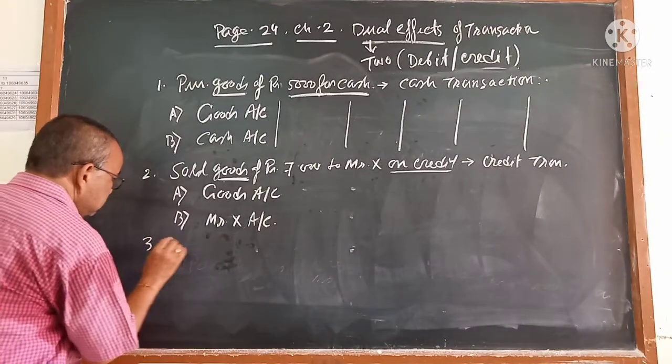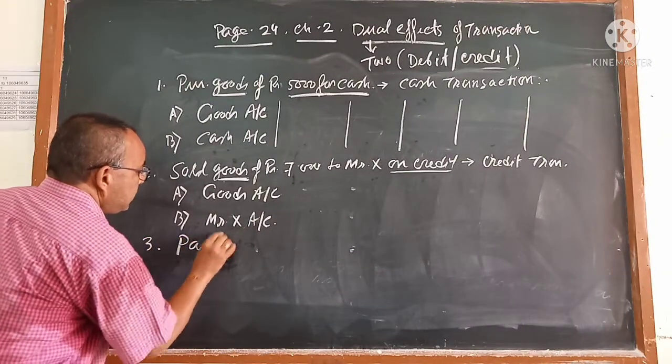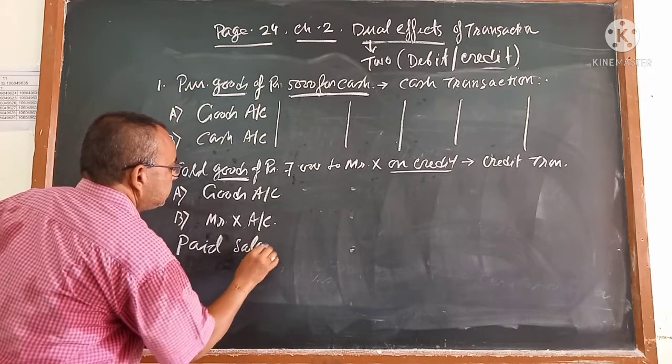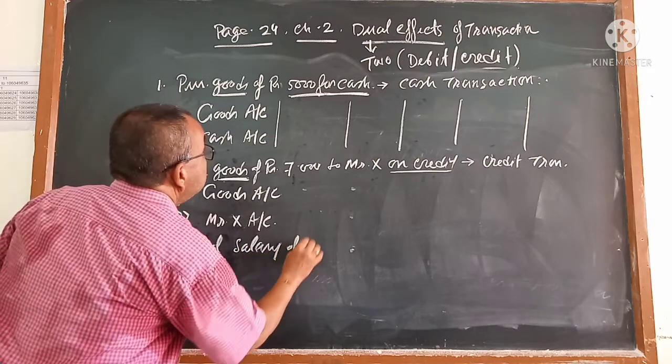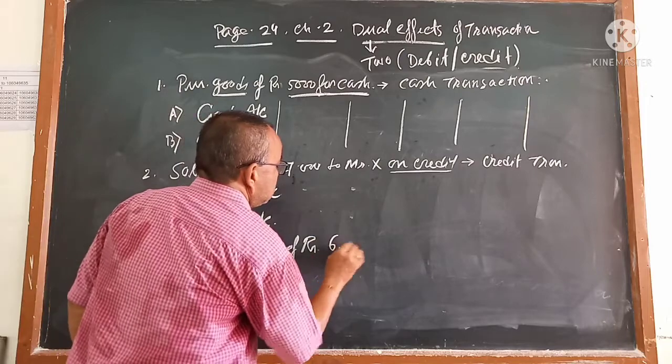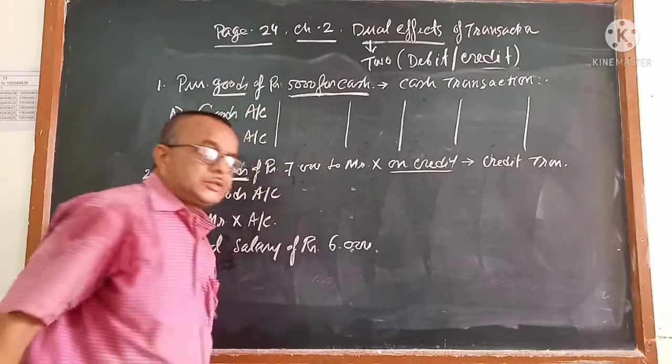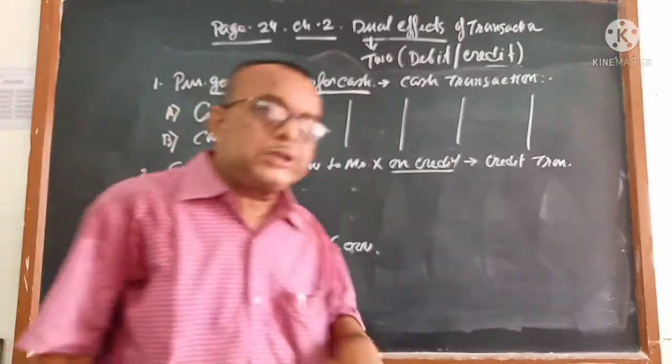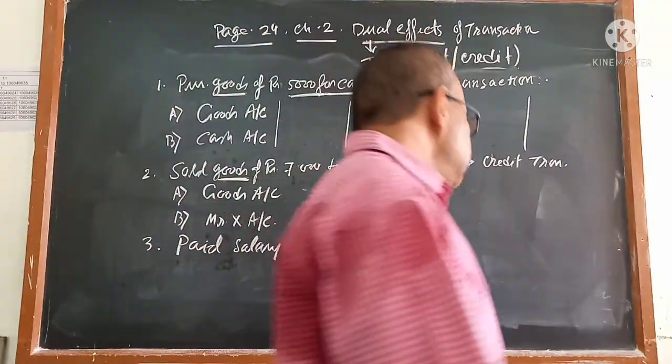Third one. Suppose it is given: paid salary of rupees 6,000. What is the first step I told you?